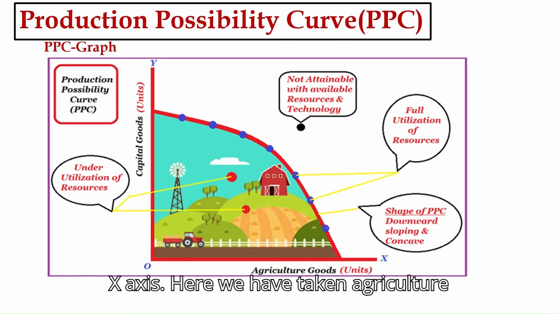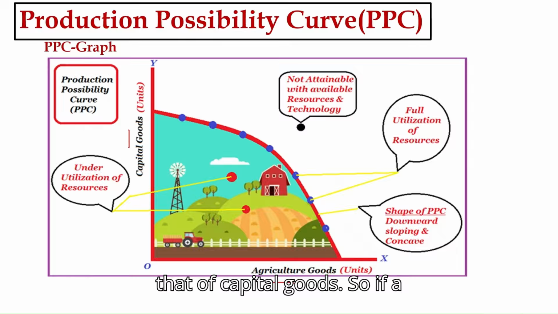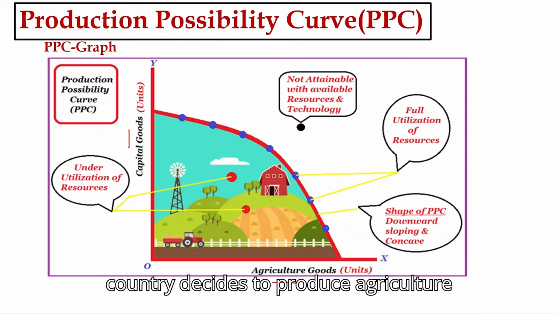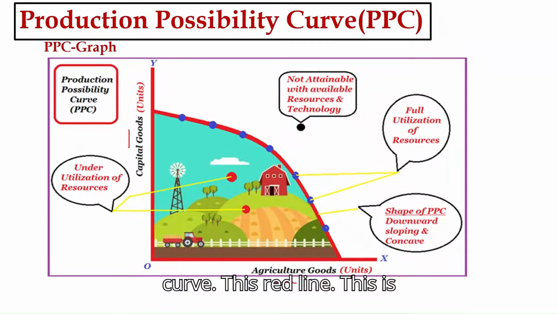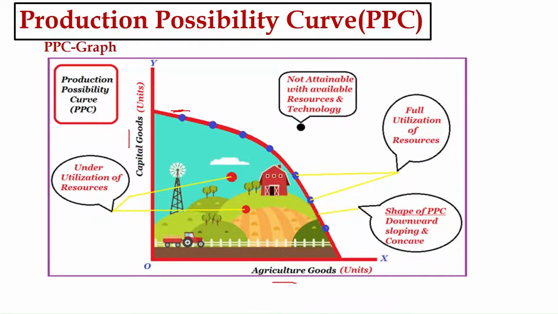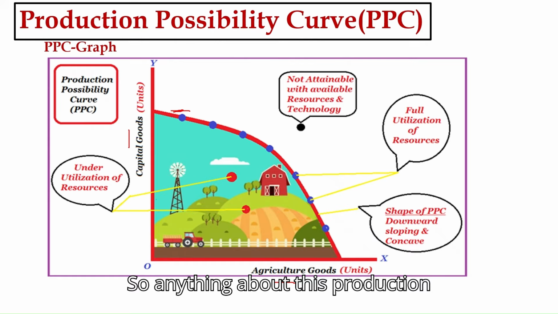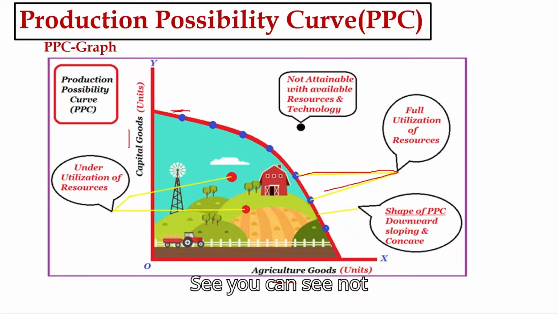You can see on the x-axis we have taken agriculture goods, and on the y-axis capital goods. So if a country decides to produce agriculture goods or capital goods, here we have this production possibility curve, this red line. This is our production possibility curve. So anything above this production possibility curve is not attainable. You can see the not attainable point.